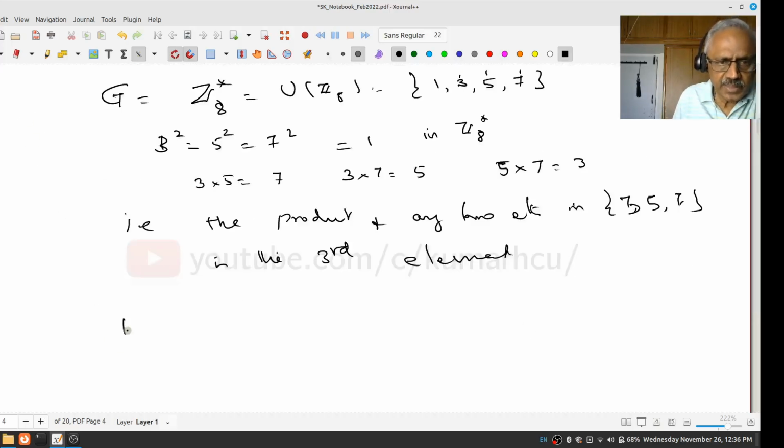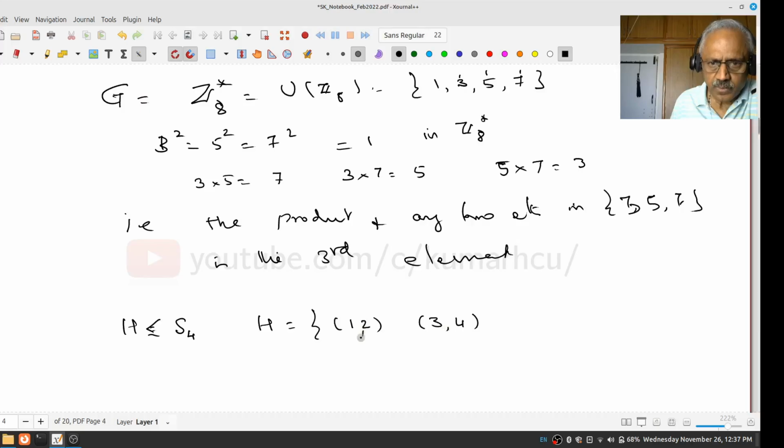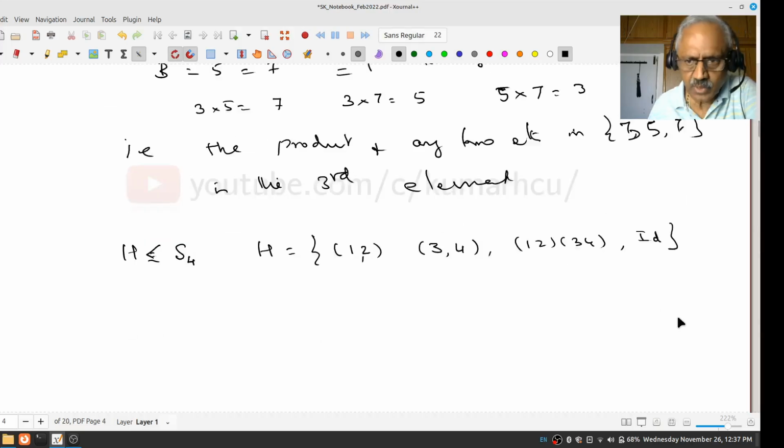Okay, let us look at H. This is a subgroup of S4, and what is H? H consists of only these elements: the transposition (1 2), the transposition (3 4), the cycle decomposition (1 2)(3 4), and the identity. This again has 4 elements, and you can see they all commute with each other.